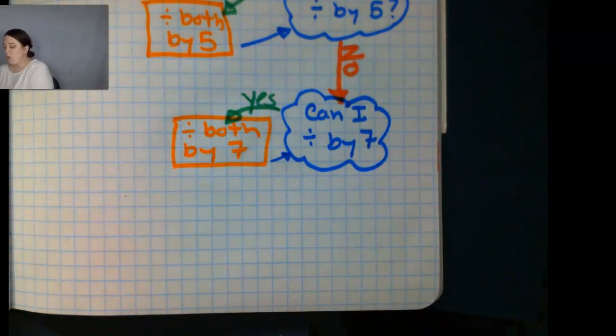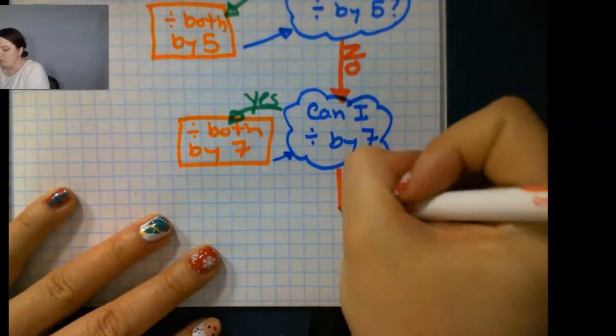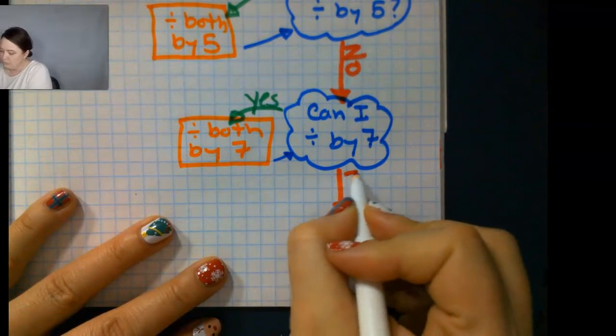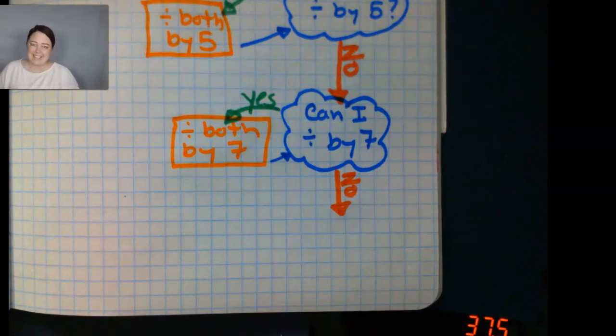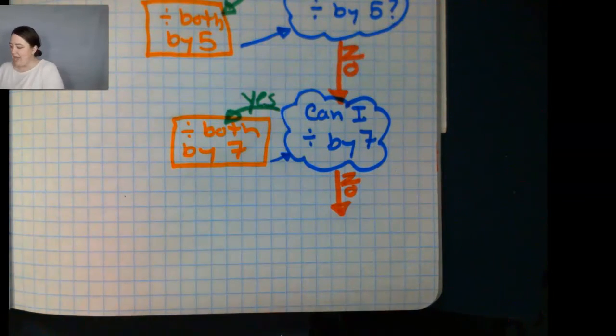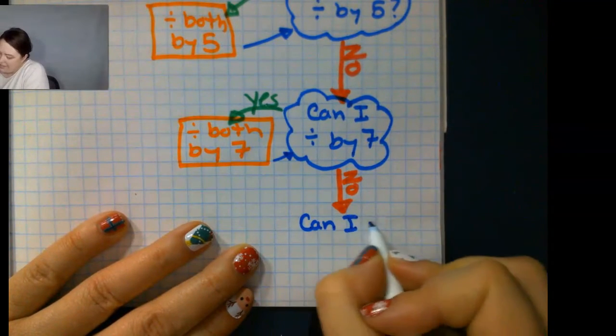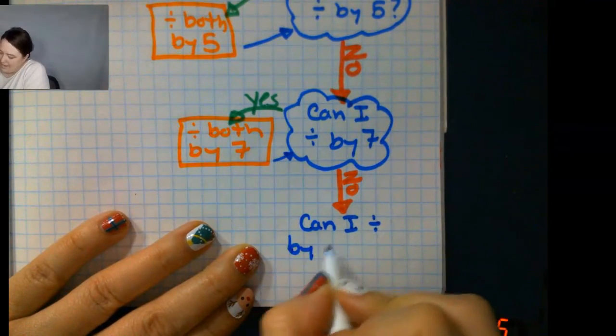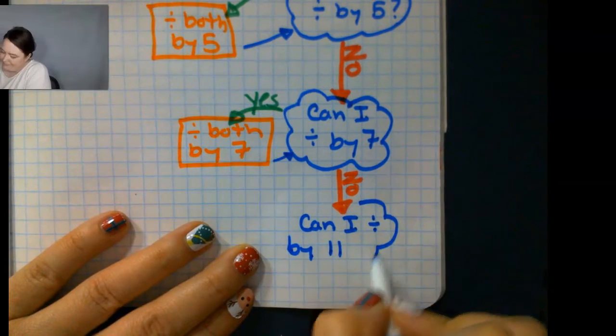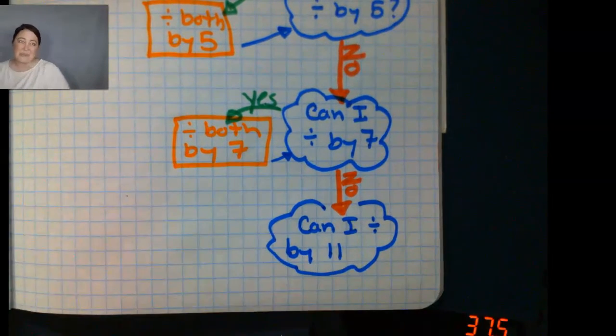What if I said no? This is kind of the last one. Can I divide by 11? Notice how these are kind of like those prime numbers.